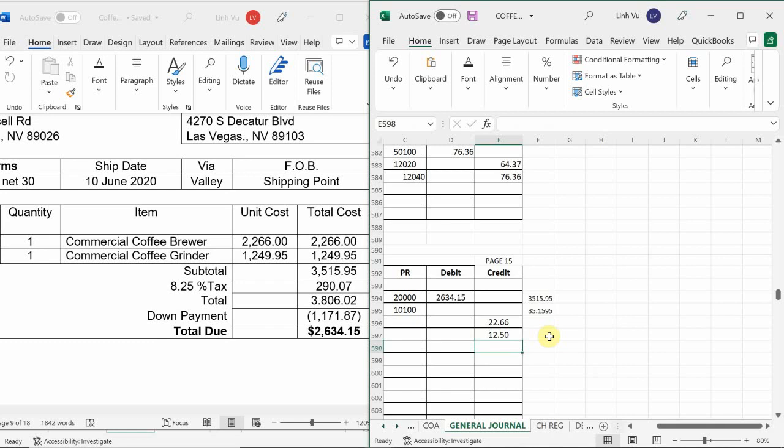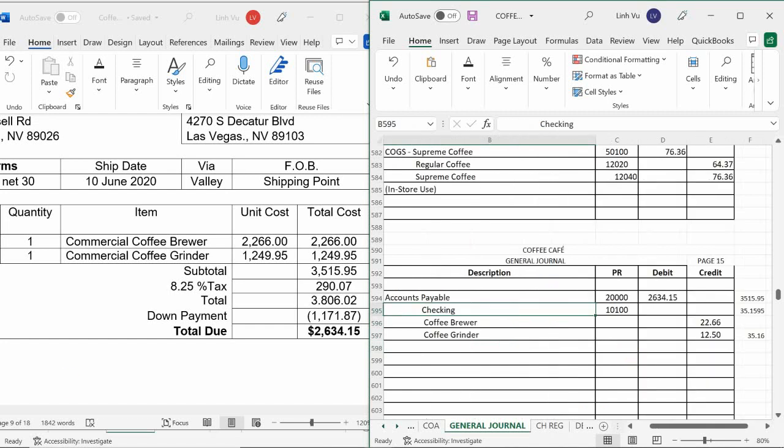You got your $35.16 right here. If you add these two numbers together, you got your $35.16. So therefore, how much am I actually going to be cutting the check out for?